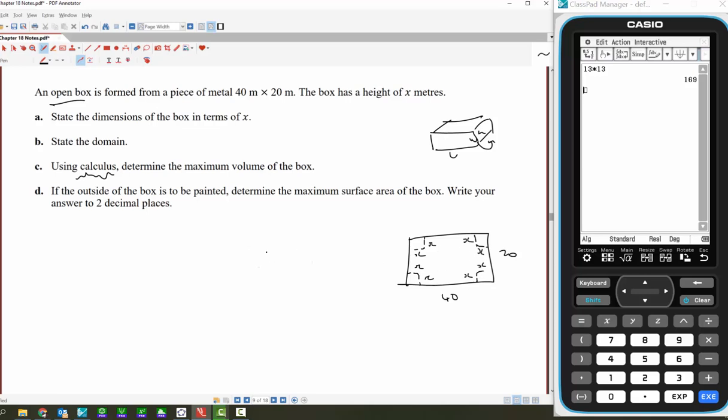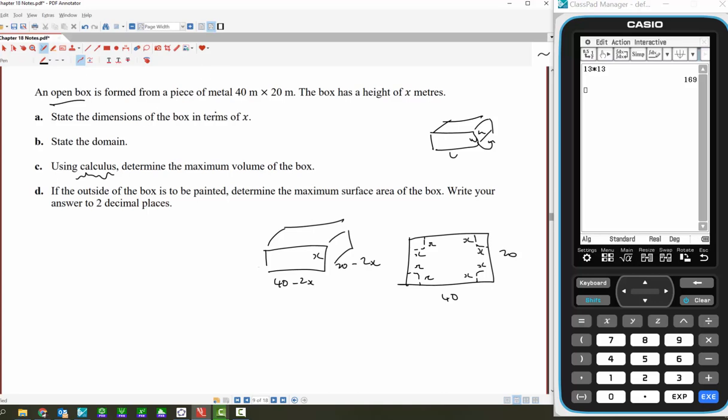So looking at what that's going to look like in terms of a box, what we're going to get is this side here is going to be 40, remove the x and the x, so it's 40 take 2x. This side here is going to be 20 take 2x, and the height, well, that's going to be x.